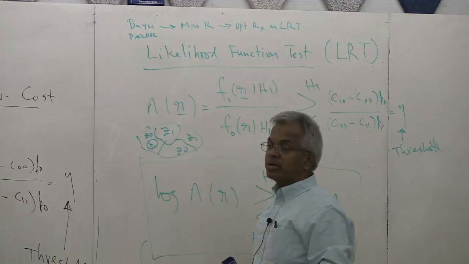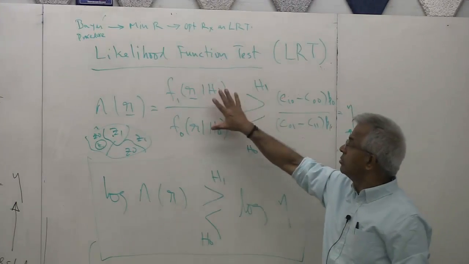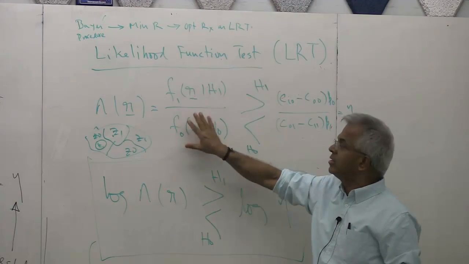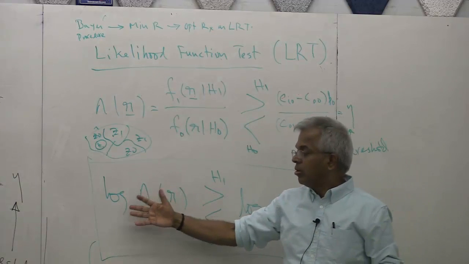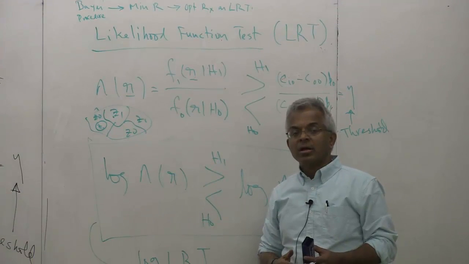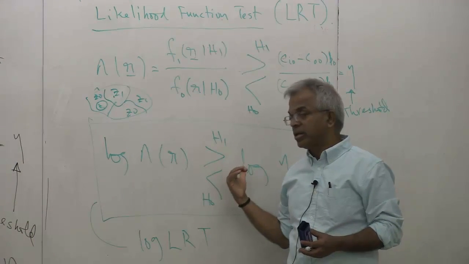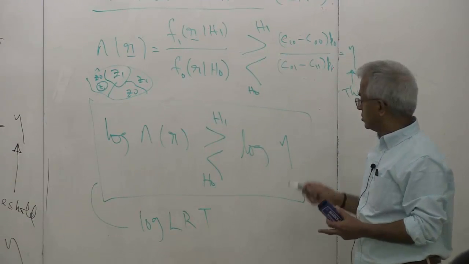Then you will do the partition optimally. Another way to write this is, as soon as you get the data, you compute and either compare it with a threshold, or you take the logarithm of the likelihood function and compare it with not eta, but log eta, a new threshold.